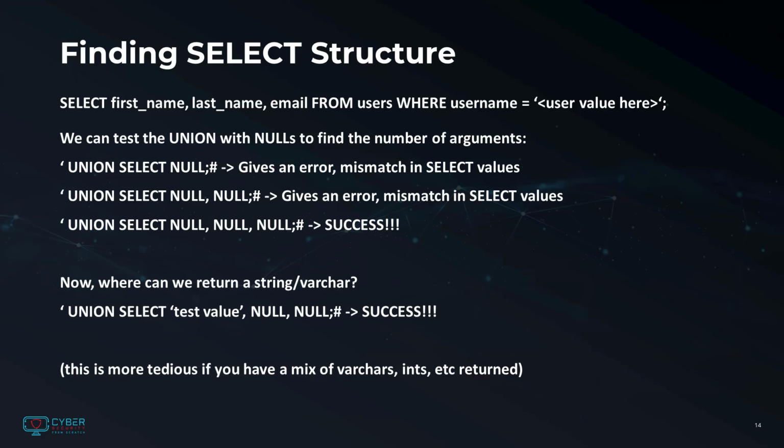But if you have a mix of varchars and integers and other stuff, it can be a little more tedious to move that test value string through the query to figure out exactly where you are. So think of it as step 1, you have to figure out how many items are in the select statement. Step 2, you have to find at least one thing in the select statement that you can actually use to return the string values that you want.